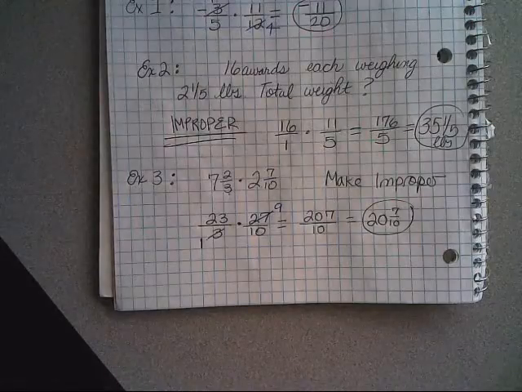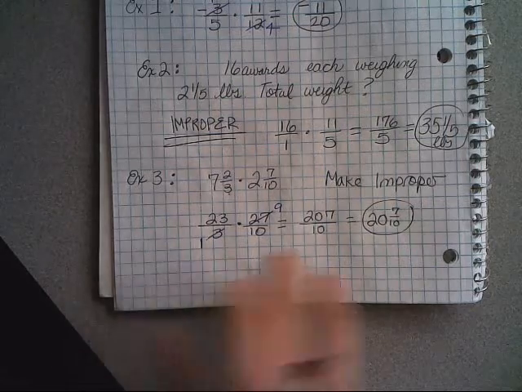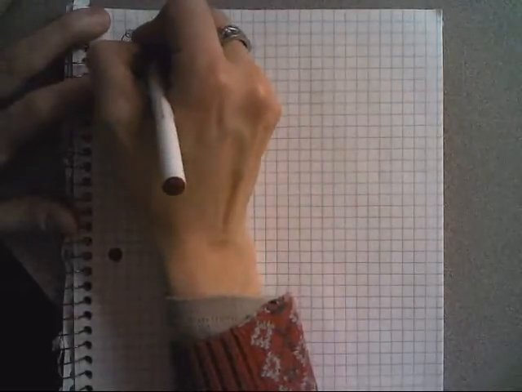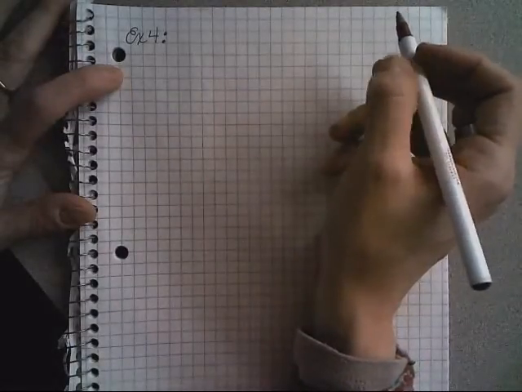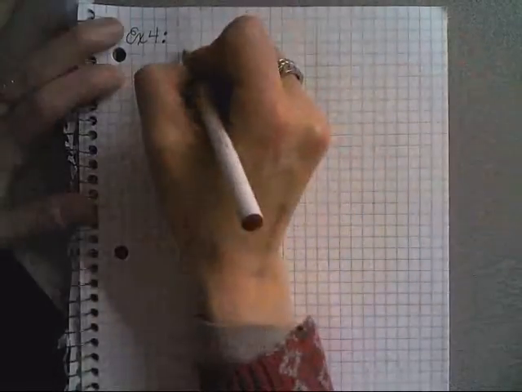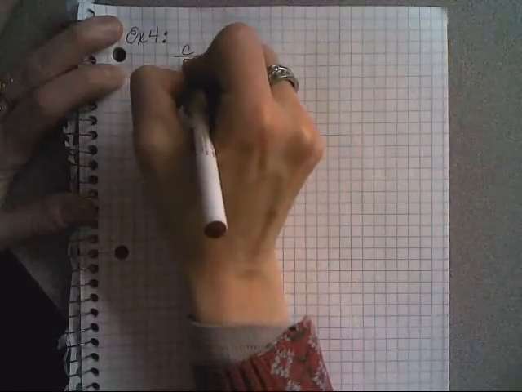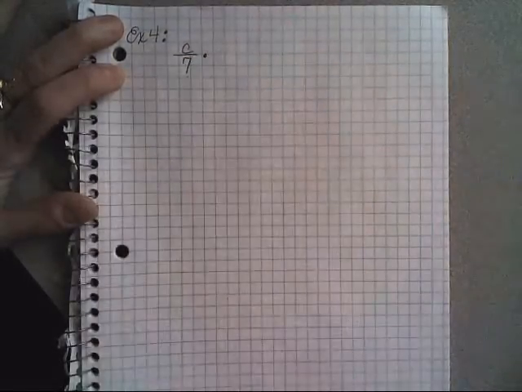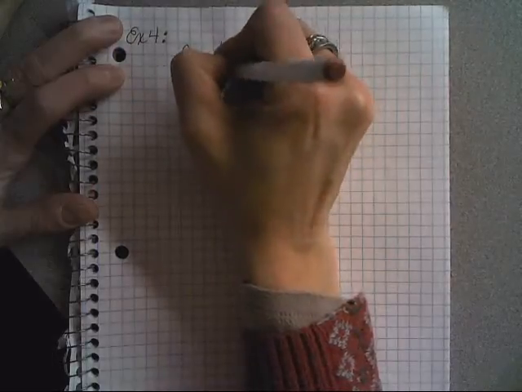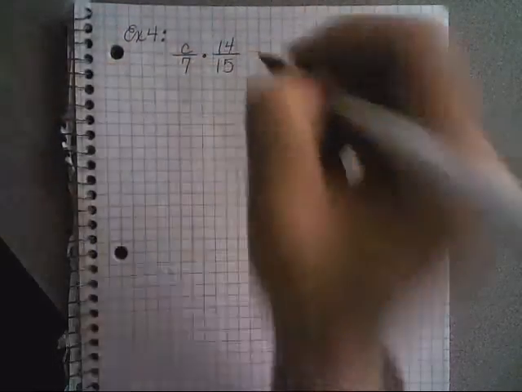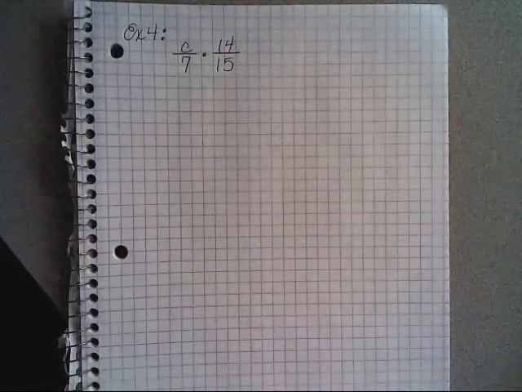What if I intermingle variables? And that's where we're going to spend the last few minutes of our lesson. Variables. So example 4 out of your textbook has 2 variable examples. I'm going to give you a couple as well. We're going to start with the product of c over 7 multiplied by 14 over 15. Same questions can be asked.